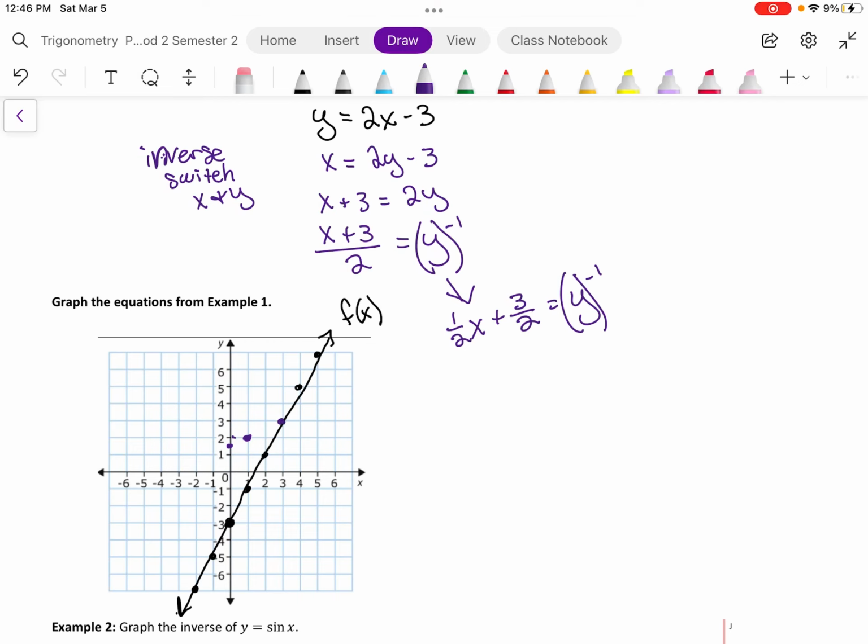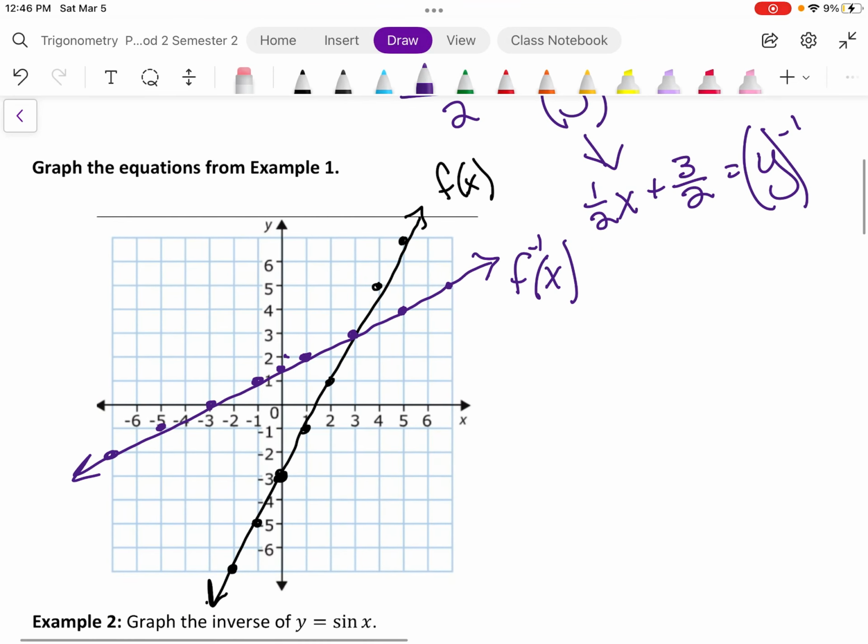So we can use that to go up 1 over 2, up 1 over 2, or down 1 to the left 2, down 1 to the left 2. Oh, I think I miscounted there. There we go. And now we have the graph of our inverse function, which is represented by f to the -1 of x.